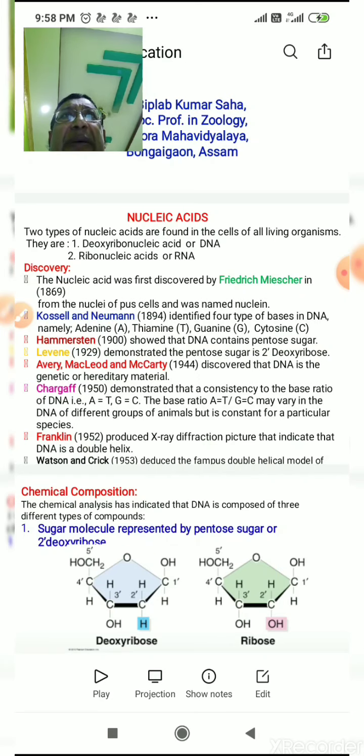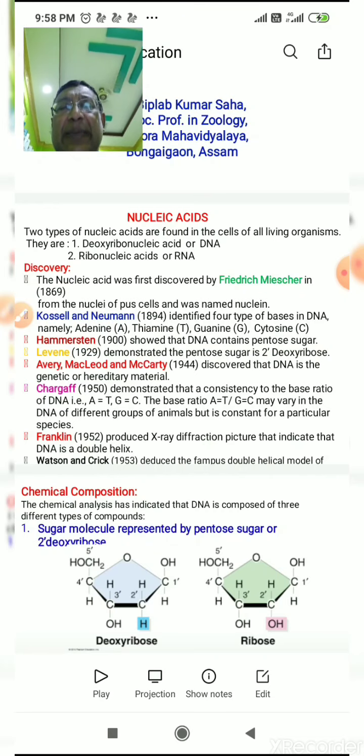Chargaff in 1950 demonstrated the consistency of the base ratio of DNA, that is, A always pairs with T and G always pairs with C, and the base ratio AT divided by GC may vary in the DNA of different groups of animals but is constant for a particular species. Franklin in 1952 produced an X-ray diffraction picture that indicates that DNA is a double helix. Watson and Crick in 1953 deduced the famous double helical model of DNA.